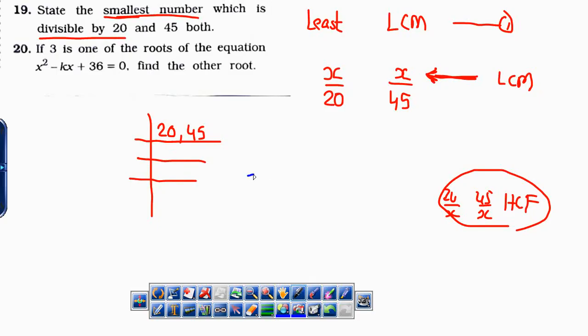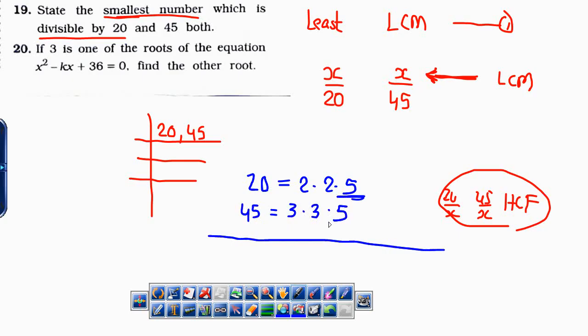The दूसरी टेक्निक is 20 is made up of 2 2s are 4, 5s are 20. 45 is made up of 3 3s are 9, 5s are 45. जो कॉमन है वो एक बार लो, और कुछ कॉमन नहीं है, बचे हुए सब के सब ले लो. 180 is the answer. The smallest number which is divisible by both 20 and 45 is 180.